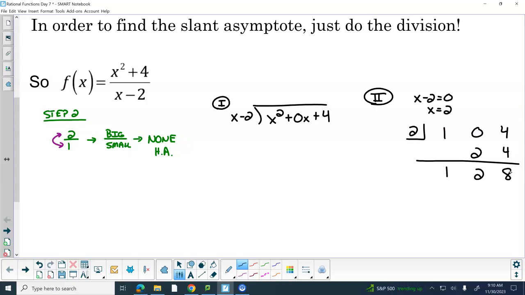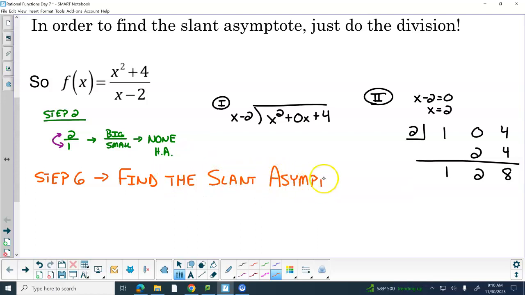So what's on our note sheet, this is going to be step 6, the one we're missing, right? Step 6 is we're going to find the slant asymptote.